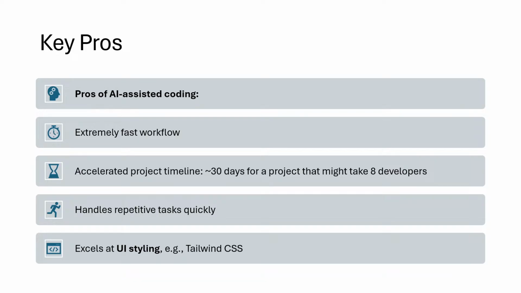Despite those bad things about it, there are some good things. It creates an extremely fast workflow. Like, let's say building a sign up page. Why would you as a developer spend 1, 2 hours writing a sign up component by hand, right?